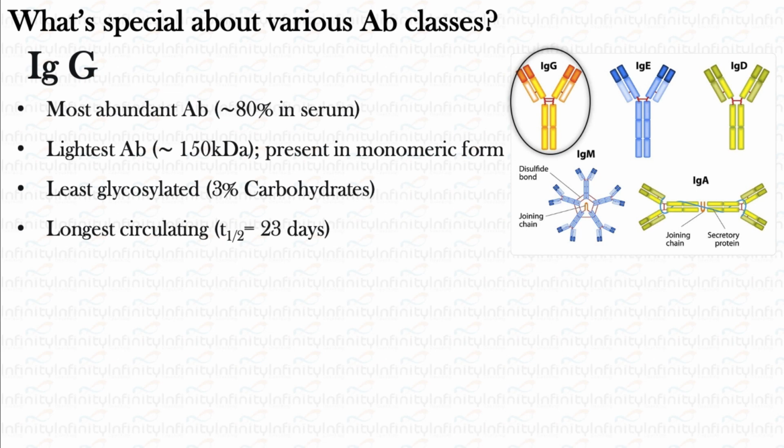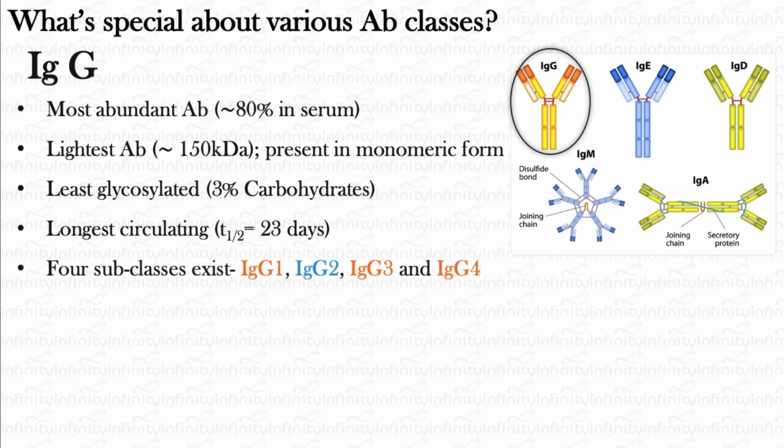So once IgG is synthesized in the body, it can stay in the body for a very long period of time, up to about 23 days. The next longest circulating antibody is about 8 days. So you can see how IgG is leaps and bounds ahead of the rest of them in terms of circulation half-life.